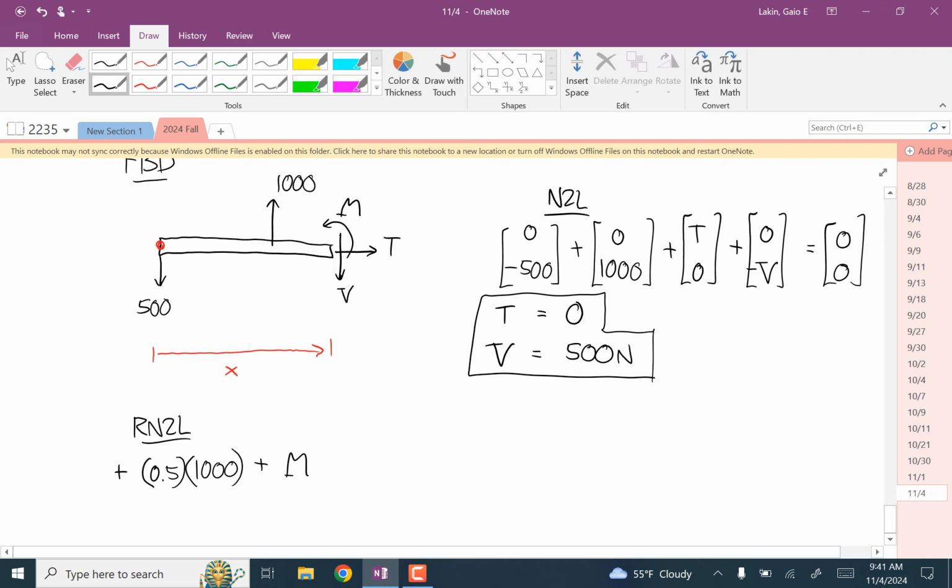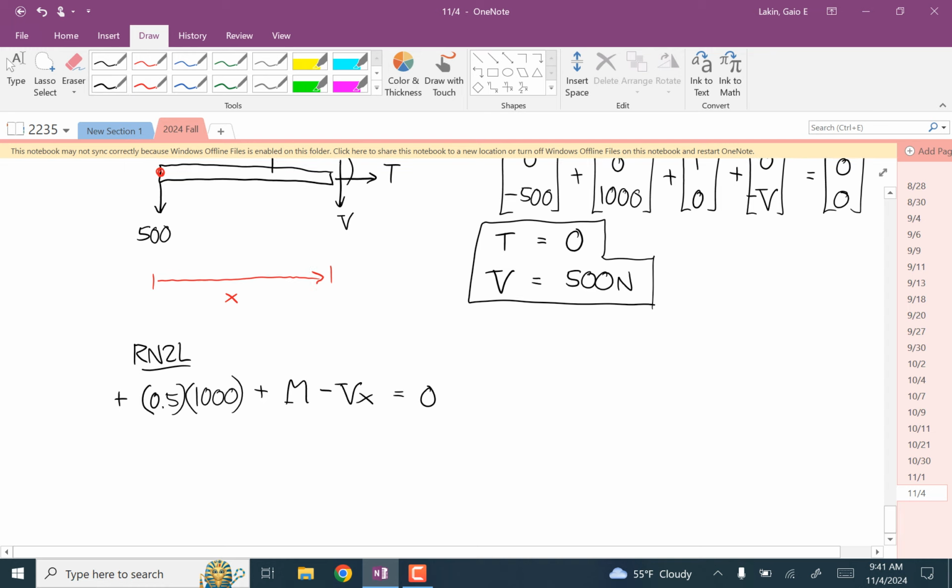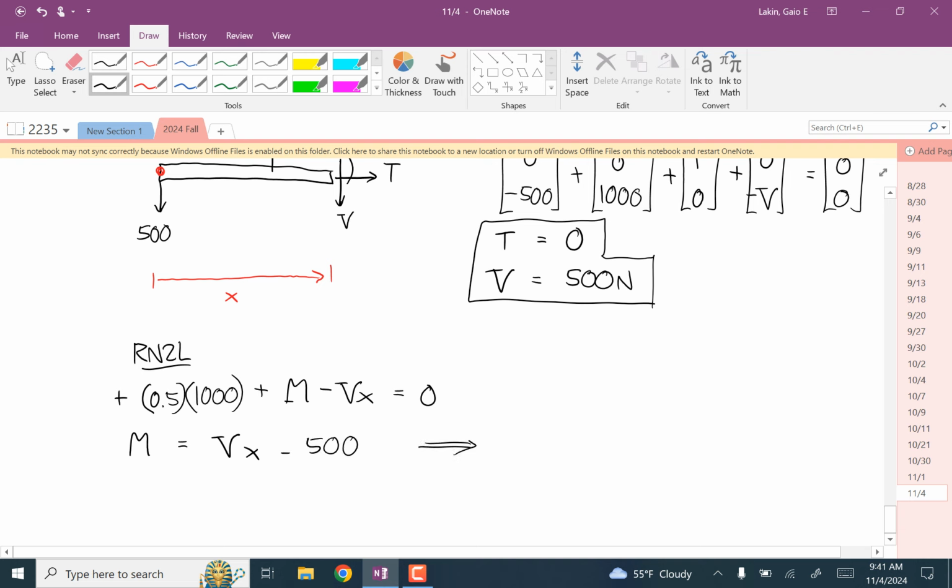The moment arm is x, so this is just minus vx is equal to 0. And so we get m is equal to vx minus 500. Plug in the v that we've already calculated, and you get that m is equal to 500x minus 500.